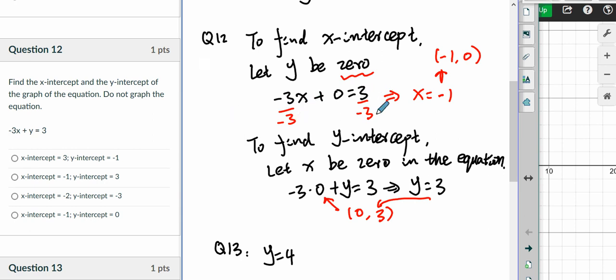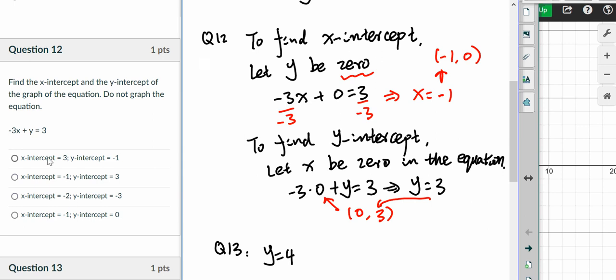Both sides divided by negative 3, negative 3 and negative 3 cancel, so we have x equals 3 divided by negative 3, which is negative 1. So x is negative 1, the second coordinate, y, here is 0. So we have here either the second one or the third.